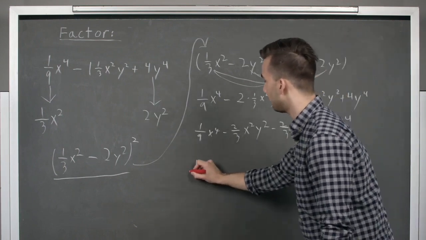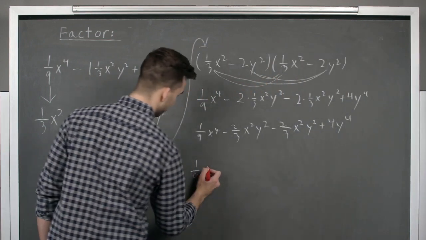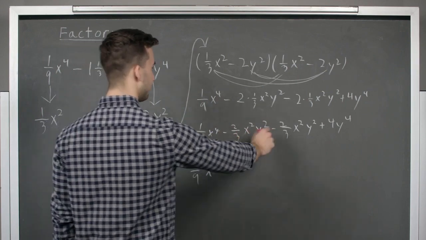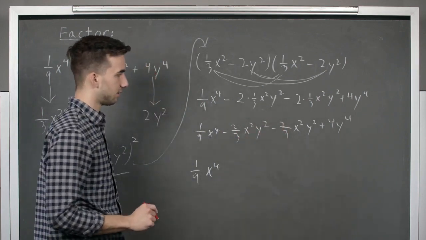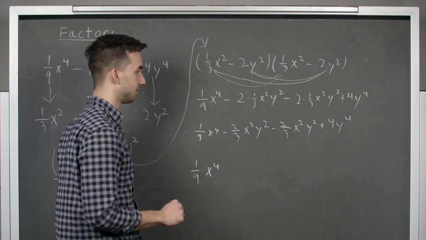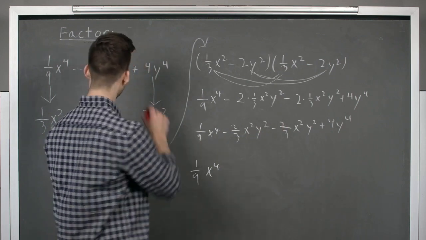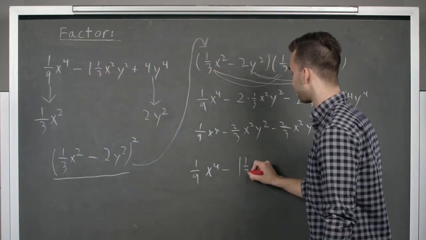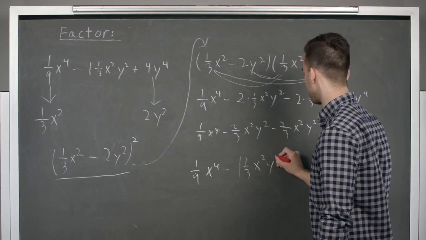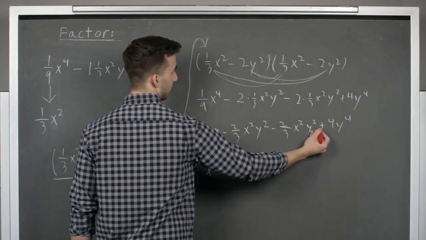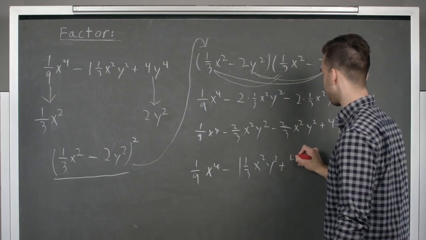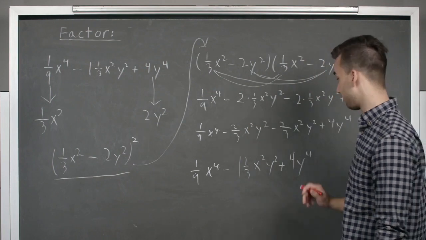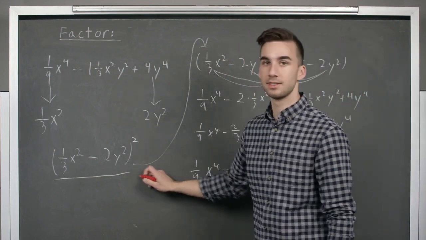We have 1 over 9 x to the power of 4. Then what is minus 2/3 minus 2/3? That gives us minus 4 over 3, which is minus 1 1/3. Then we have our last term, which is plus 4y to the power of 4. And that is our original expression. So our factoring worked, and this here is our solution.